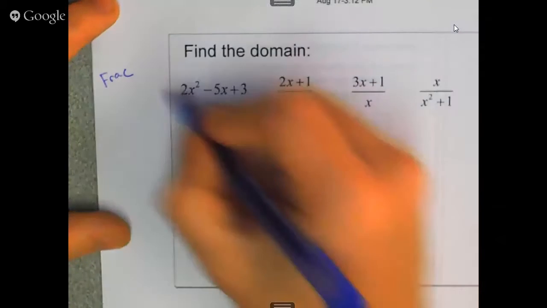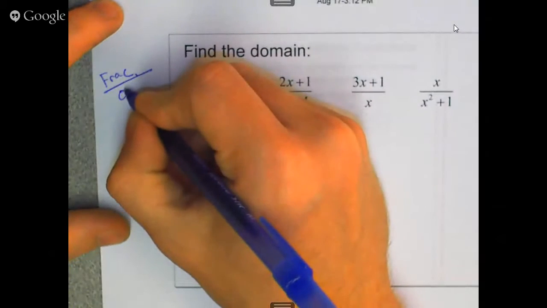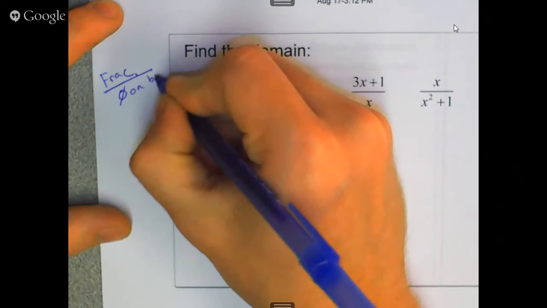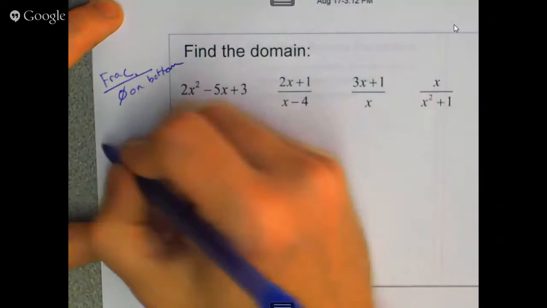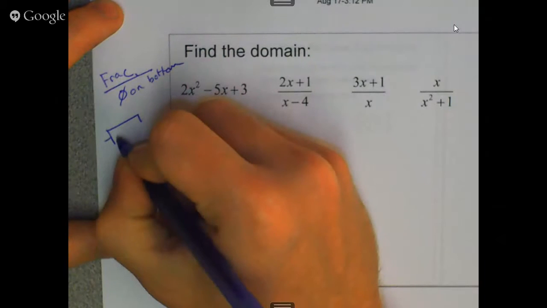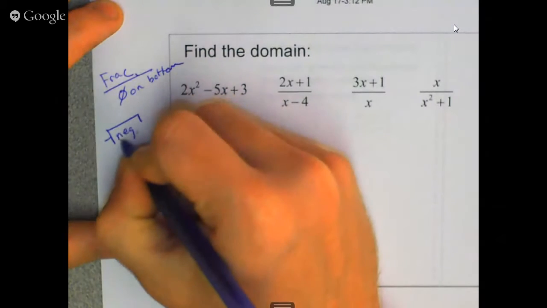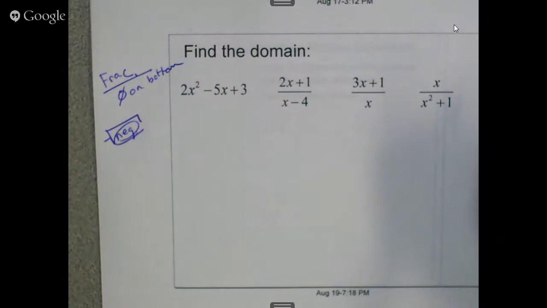With a fraction, I cannot have 0 on the bottom. Okay, and we may have talked about that with a radical, or you probably talked about in algebra 2. With a radical, I cannot have a negative underneath here. Okay, so these are my two kind of red flags when I'm looking for domain.